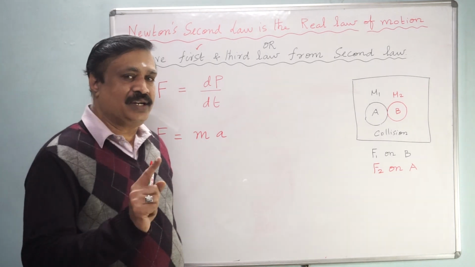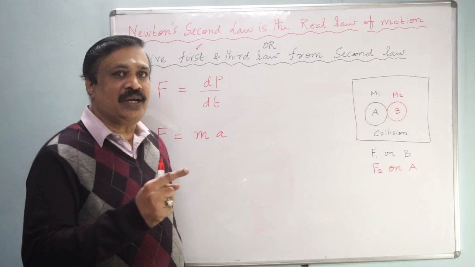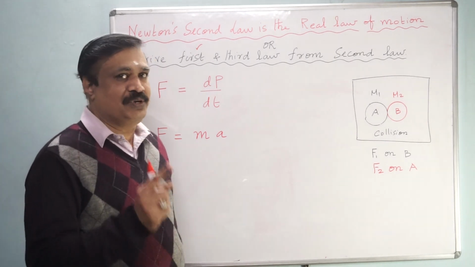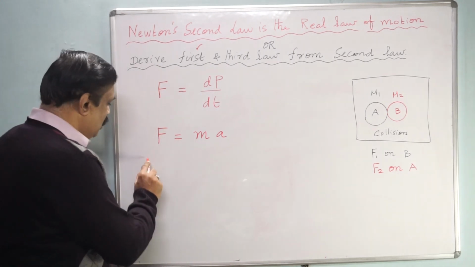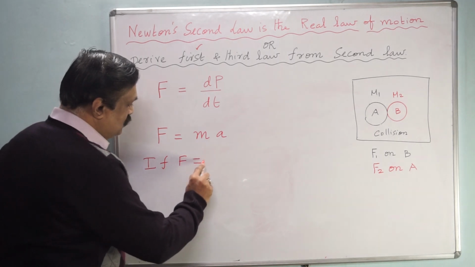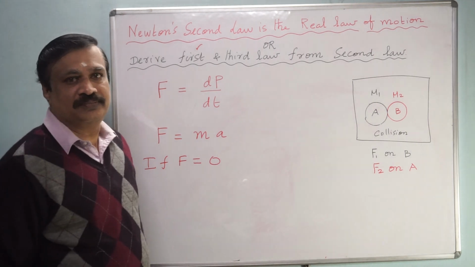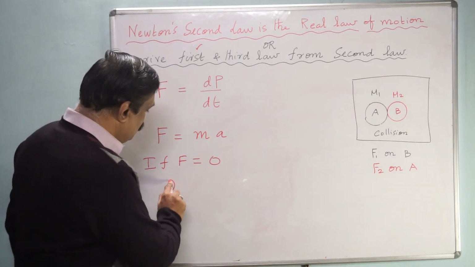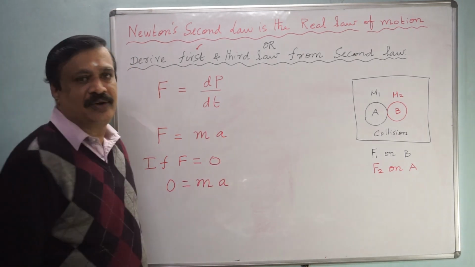That means what is the condition? If there is no force, then only it will be at rest. Then only it will be in uniform motion. That means the first condition is if there is no force, that means if F is equal to 0. Then this equation becomes 0 is equal to mass into acceleration.